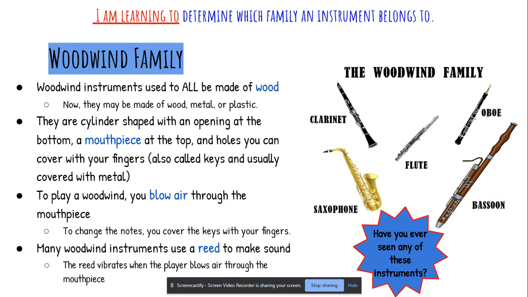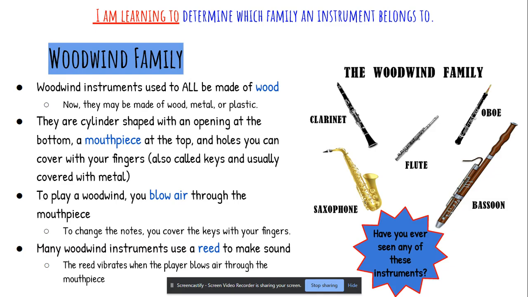There are cylinders with an opening at the bottom, a mouthpiece at the top, and that's where you put your mouth. And the holes you can cover with your fingers, also called the keys, and are usually covered with metal. To play a woodwind, you blow air through the mouthpiece, and to change the note, you cover the keys with your fingers.